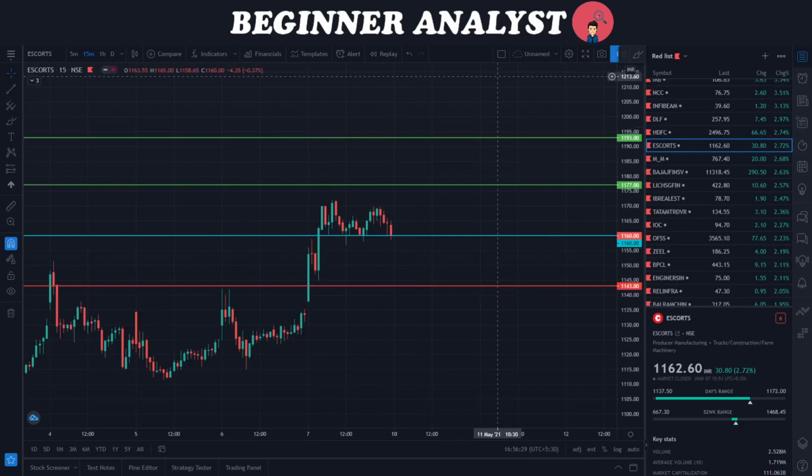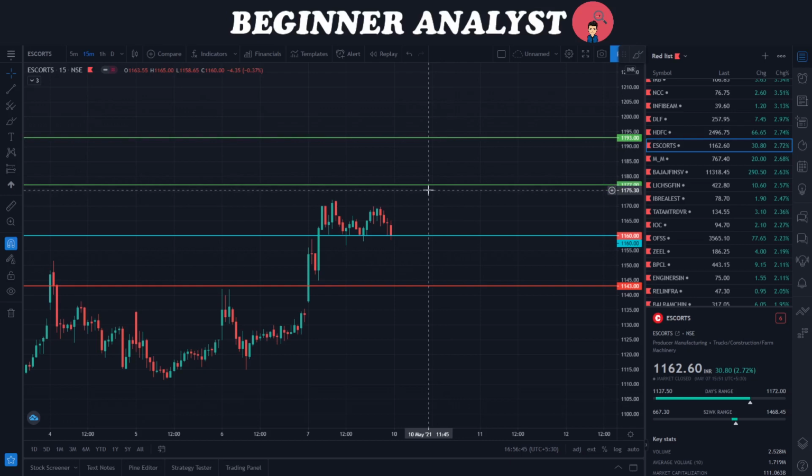If you hit your stop loss, you'll only lose 1,000 rupees. If you hit your target 1, you'll make 1,000 rupees. And if you hit your target 2, you'll make 2,000 rupees. I'm giving you a round figure; you'll probably not make exactly 2,000 rupees on this point, and you'll not make 1,000 rupees on this point.